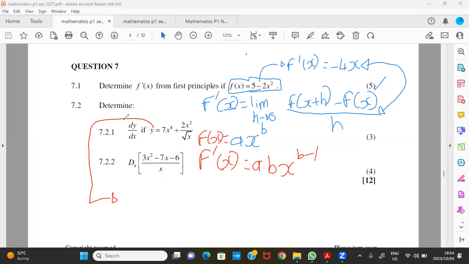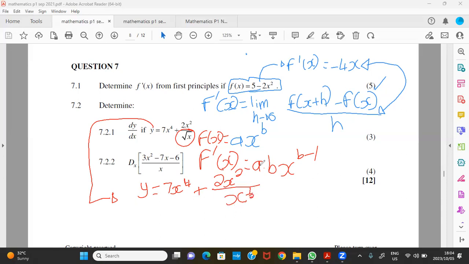So look carefully. I'm not starting by saying dy over dx because I want to change this first of all. So I'm just going to start by saying y is equal to 7x to the power 4 plus 2x squared over x to the power of half.